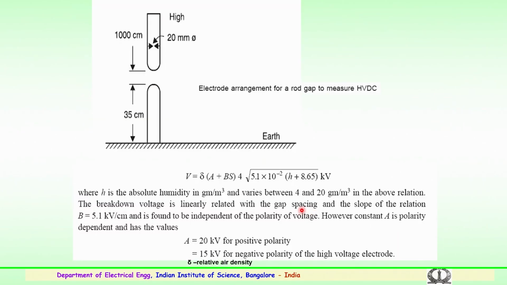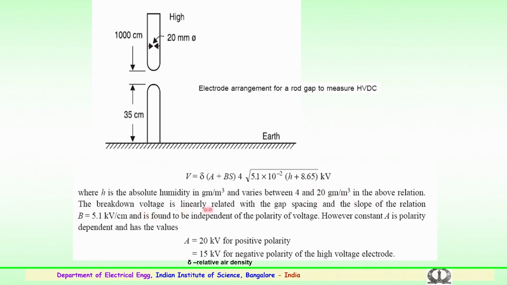So this is the typical arrangement shown for the rod gap arrangement. Here the voltage could be calculated as delta into A plus Bs, 4 under the square root of 5.1 into 10 to the power of minus 2 into H plus 8.65 kV, where H is the absolute humidity in grams per meter cube, and this varies between 4 to 20 grams per meter cube.